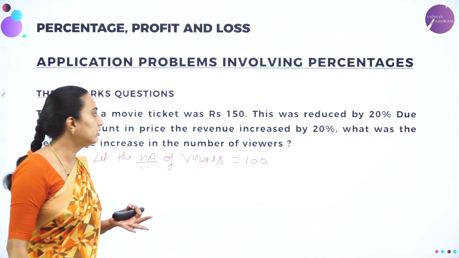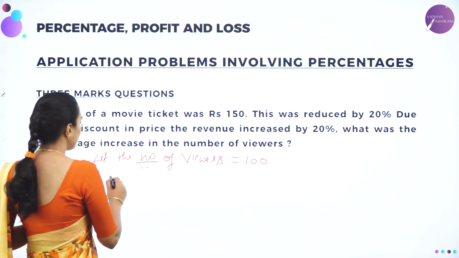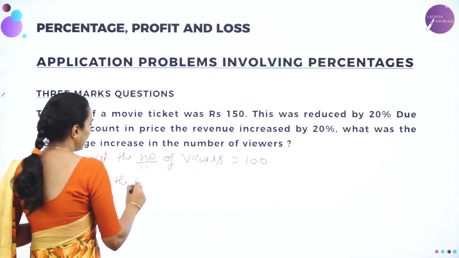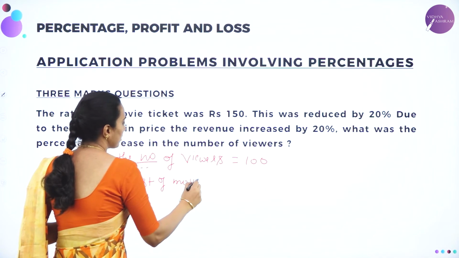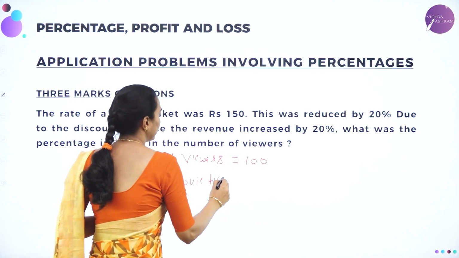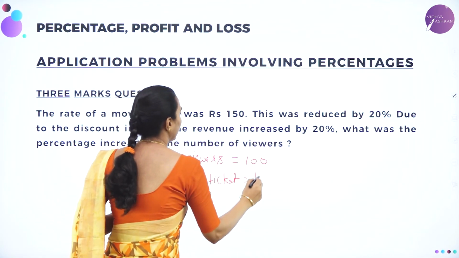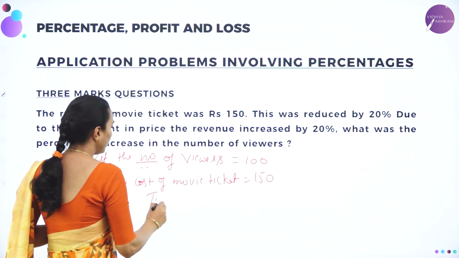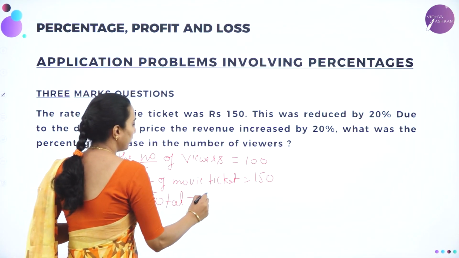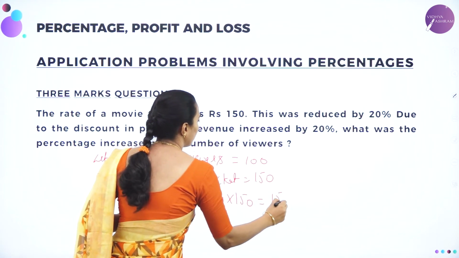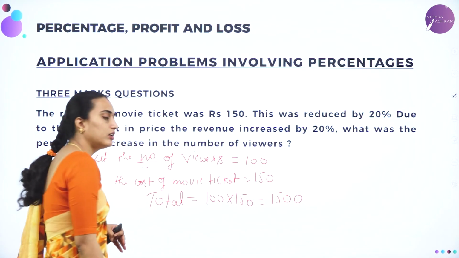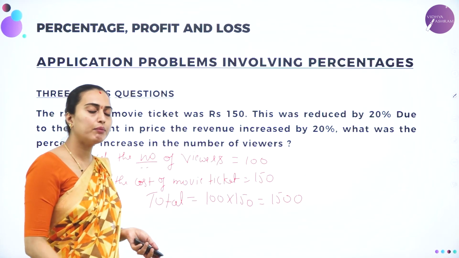And then the cost of the movie ticket, how much? The movie ticket was 150. So therefore, total for the viewers will be 100 into 150, which is nothing but 15,000, correct?